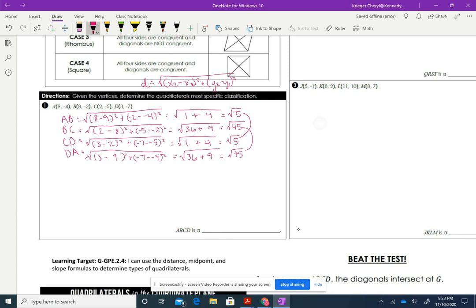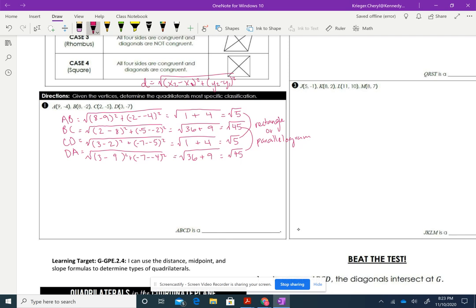So this is either a rectangle or parallelogram, right? If it had been 4 congruent side lengths, then it would either be a rhombus or a square. So now, to determine whether it is a rectangle or a parallelogram, we check the diagonals.